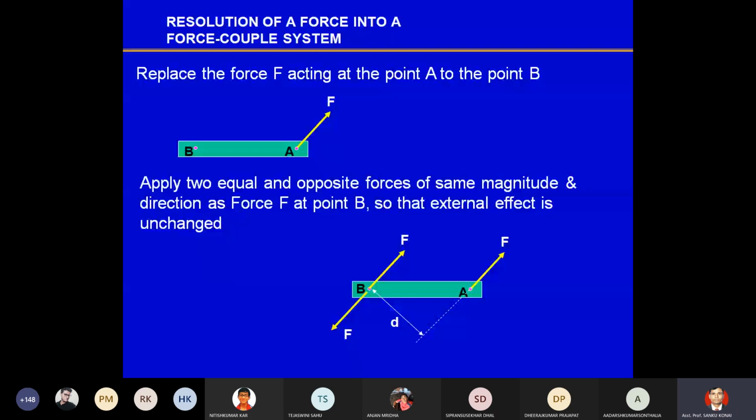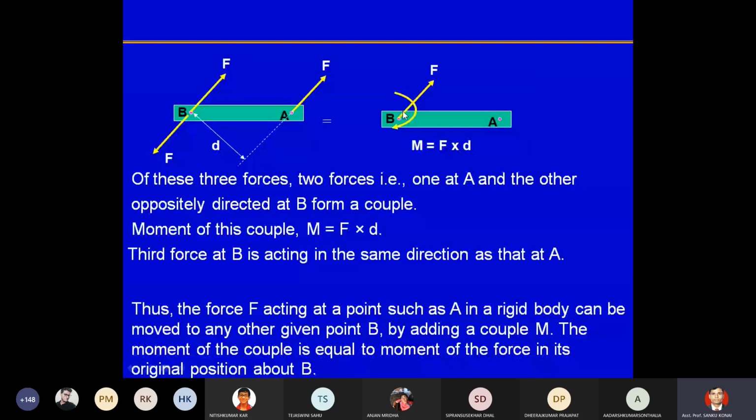That moment's value will be F into the perpendicular distance from the point we are taking moment about to the line of action of the initial force. Like here D is the perpendicular distance. So ultimately if we want to move a force from A to B, there will be this force plus a couple moment M, and its value will be F into D.